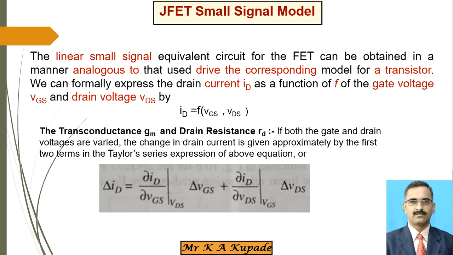Now, if both the gate and drain voltages are varied, the change in drain current is given approximately by the first two terms in the Taylor series expansion of the above equation, ID = f(VGS, VDS).